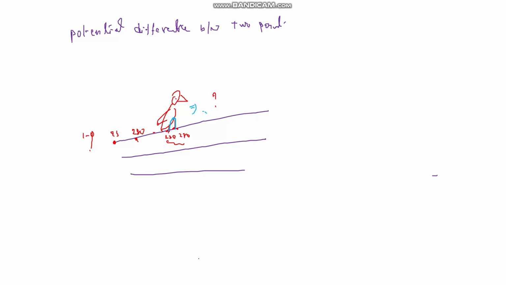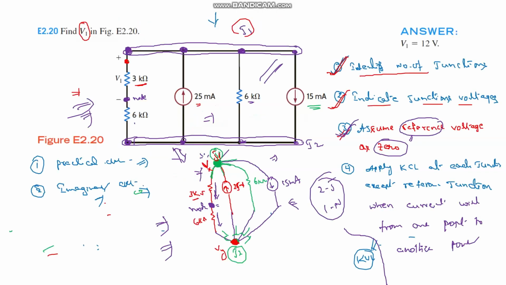Similarly, if you want to pass a current from one point to another, there should be a potential difference. Then only will current flow from higher potential to lower potential. In this circuit, we have two junctions: this is V1 potential and this is V2 potential.